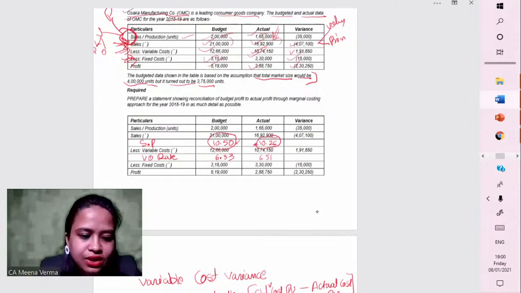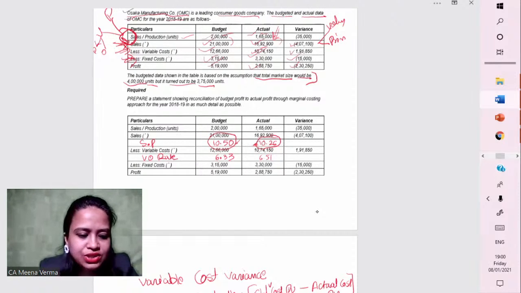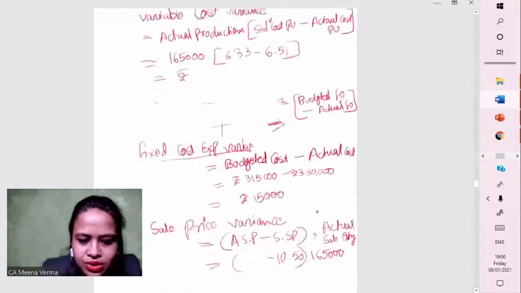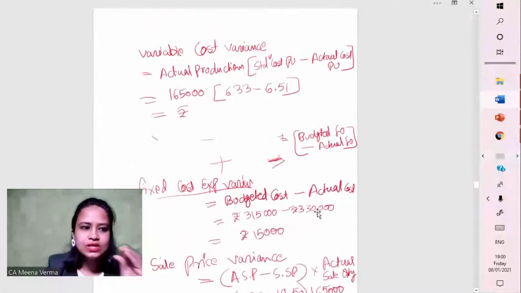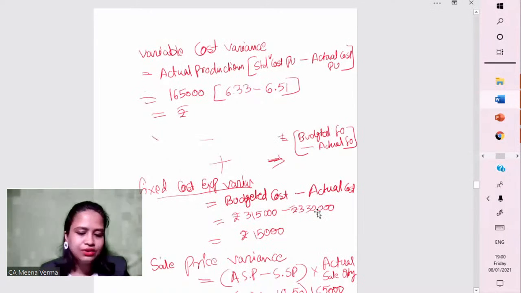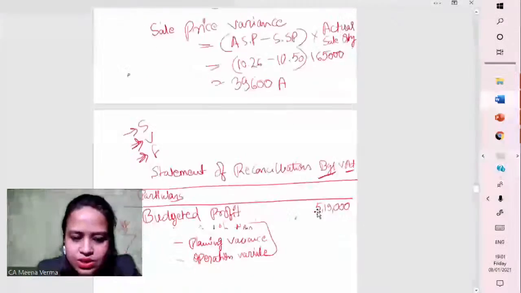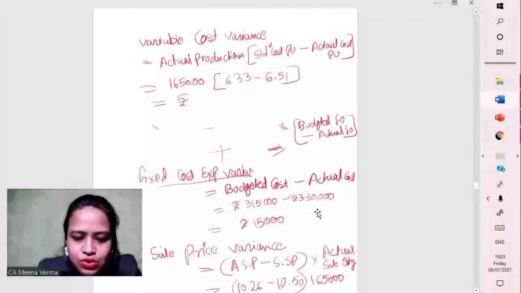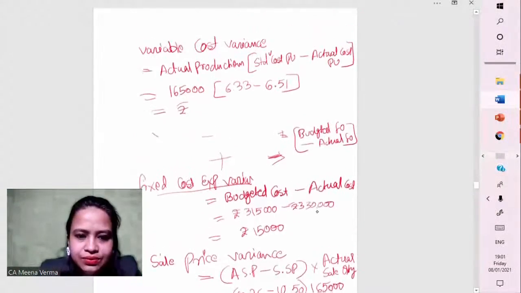Since the actual selling price is less than the budgeted, it is adverse. It means that the situation is unfavorable. So this is adverse.